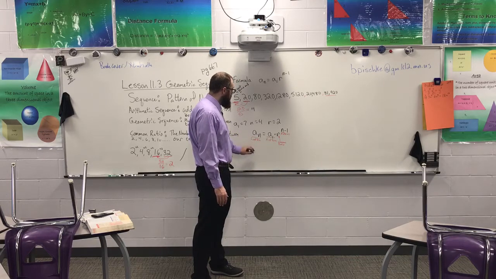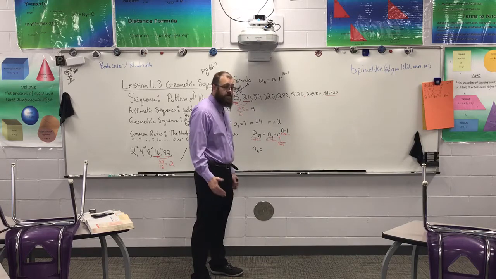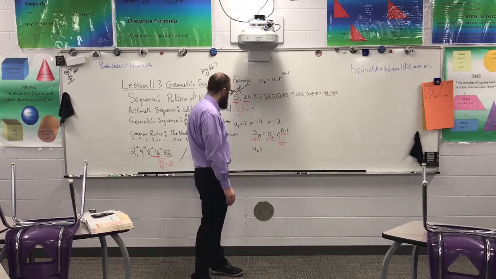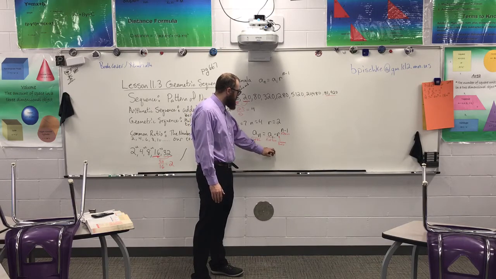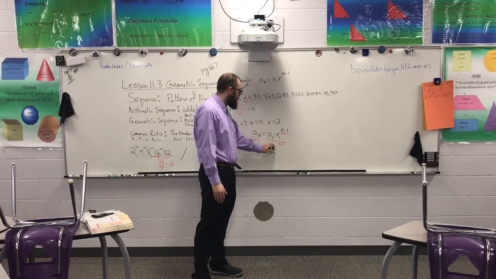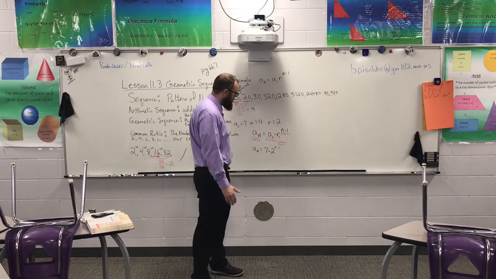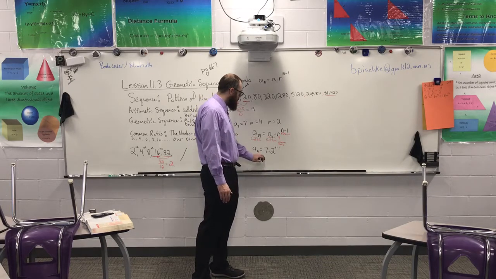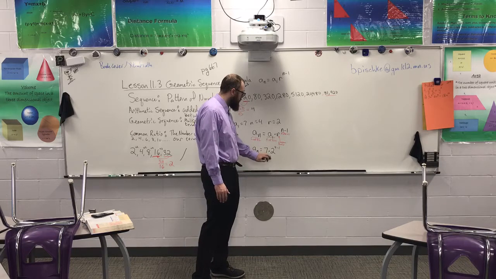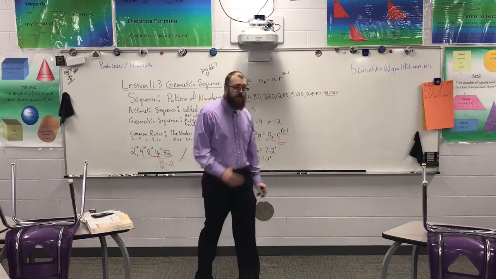an is what we don't know in this case, which is the best case. a1 is 7, r is 2, and our n is 4. And it would be 4 minus 1 up here, which will be 3. So I end up with an equals 7 times 2 to the third. Now remember your order of operations.